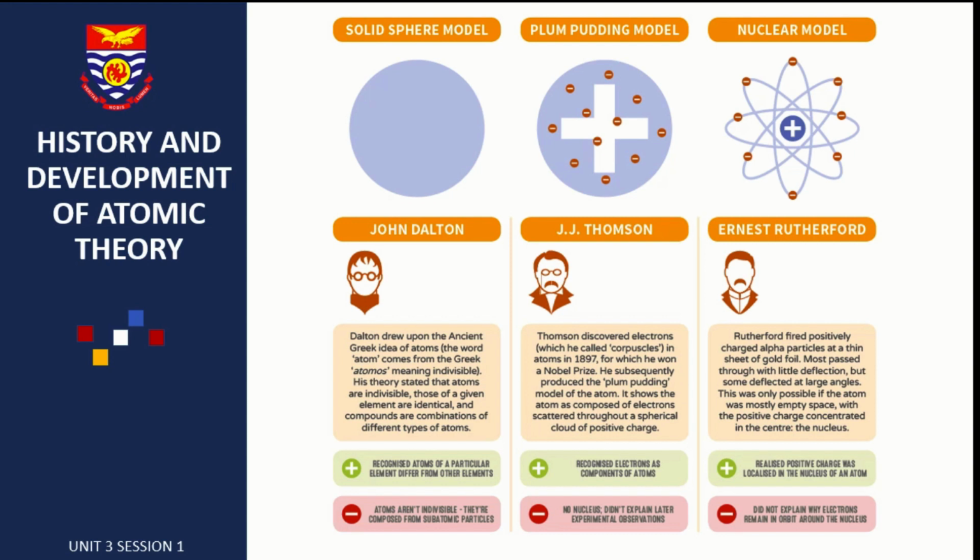By measuring the charge on the particles in the rays, he was able to deduce that they were 2,000 times lighter than hydrogen. And by changing the metal the cathode was made from, he could tell that these particles were present in many types of atoms.